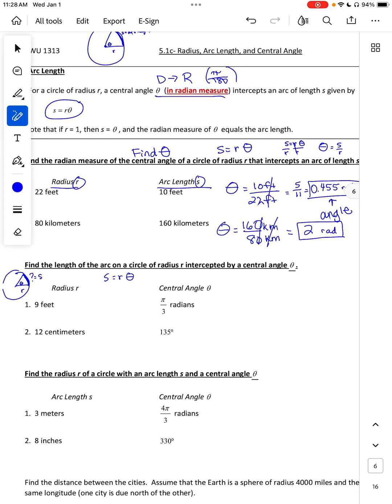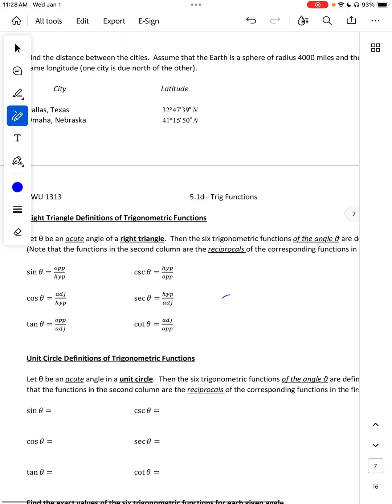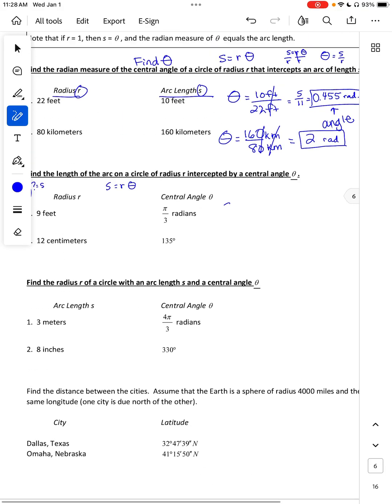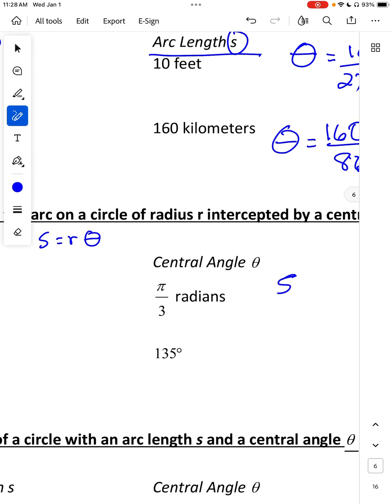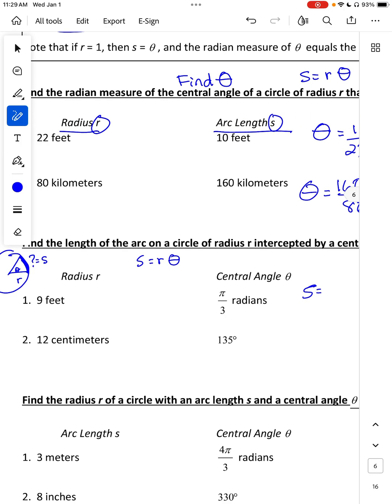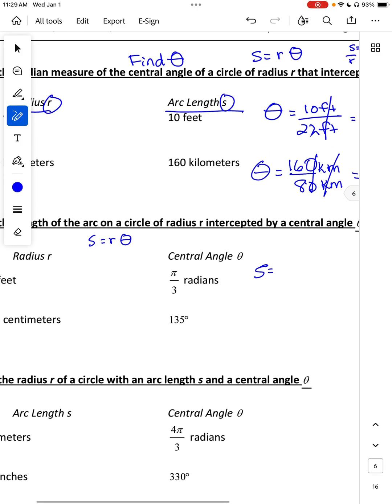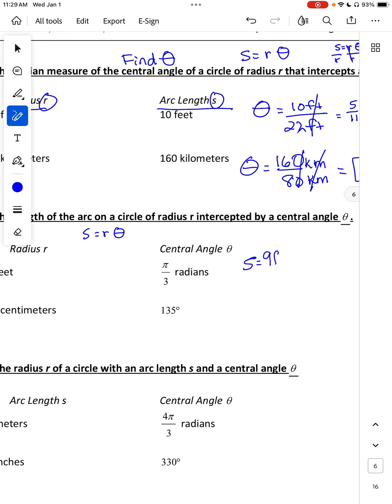For our first example, we have 9 feet is our radius. So S equals our radius, which is 9 feet, times pi over 3 radians.